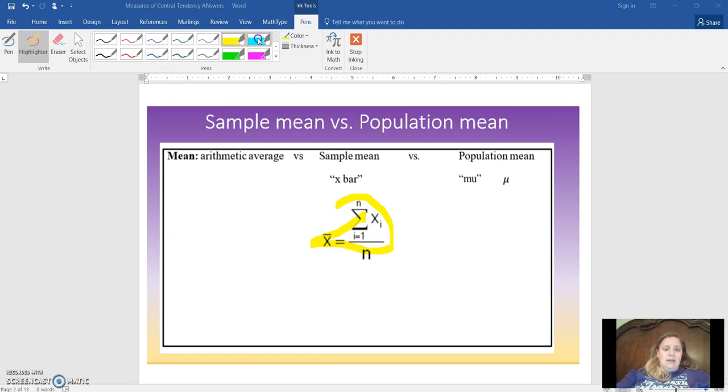So it depends if we're talking about the sample. If we're talking about the sample, then it's x bar, the literal bar over the x. If we're talking about the population, it's called mu, like a drunk cow.